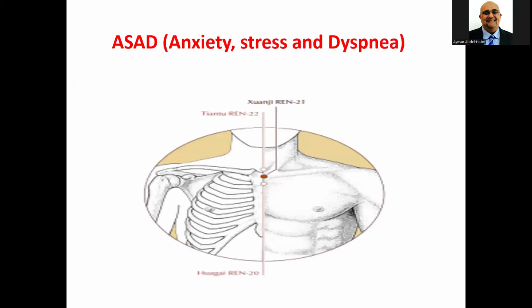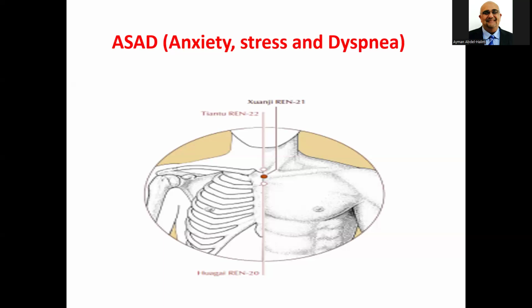One of the points that I love to teach my patients are called the ASAD points, anxiety, stress, and dyspnea points. These are located mainly on the front of the manubrium. I encourage the patient to rub this area with their hands when they feel dyspneic.